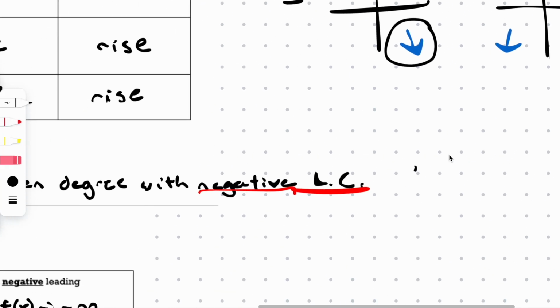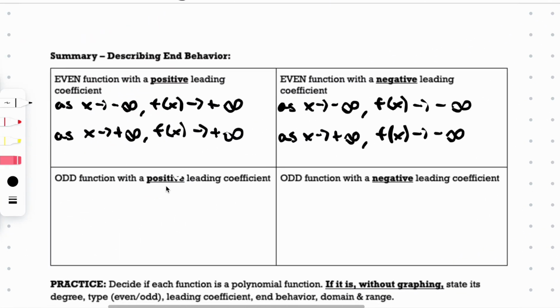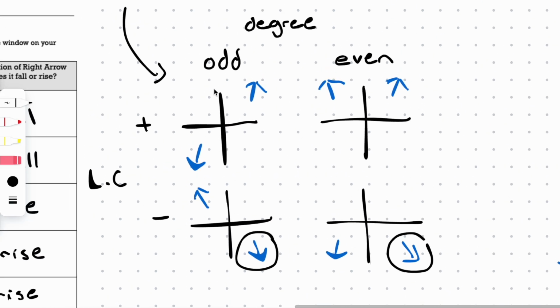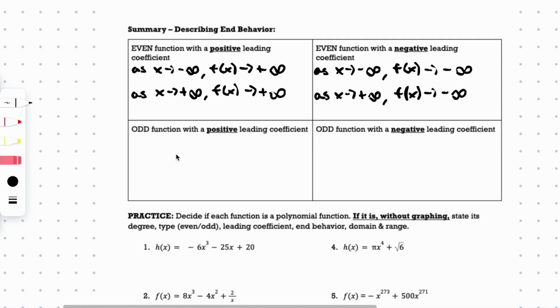Okay, now we have an odd function with a positive leading coefficient. So which case is that going to be here? Well, it's going to be this upper left-hand side, this graph. So as x approaches negative infinity, as it goes in this direction, we have an arrow that's pointing down, so it's falling towards negative infinity. So as x approaches negative infinity, f of x approaches negative infinity too.